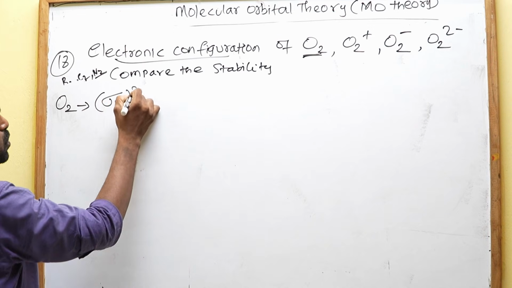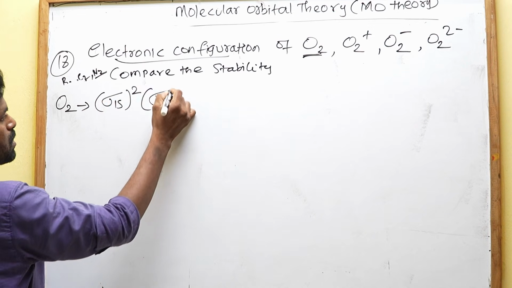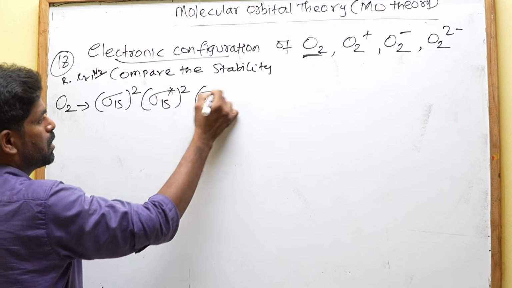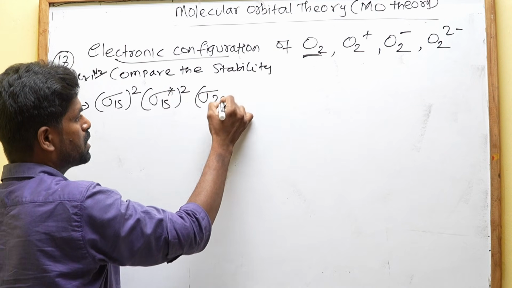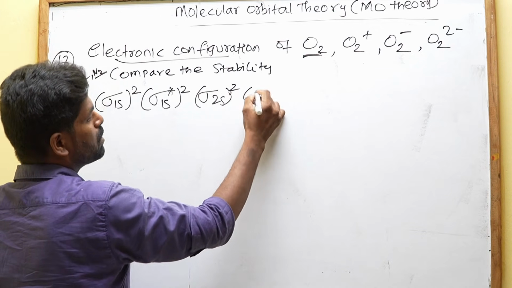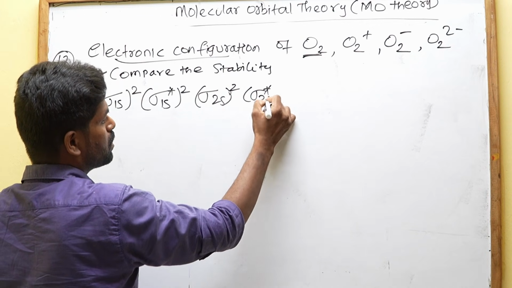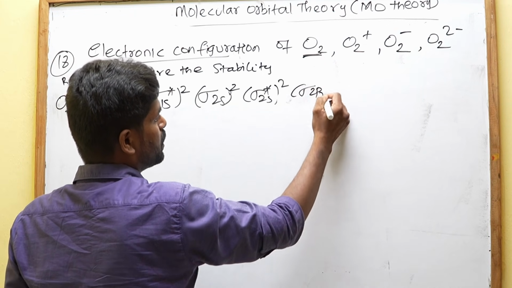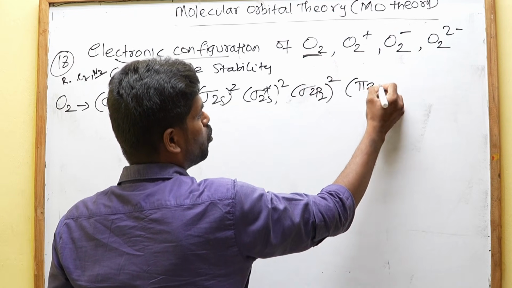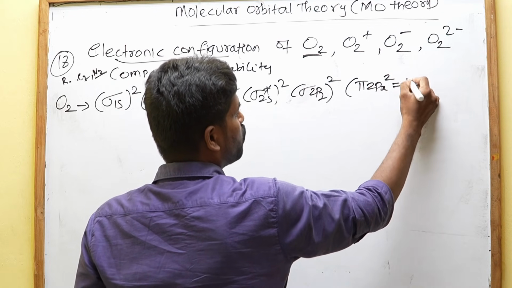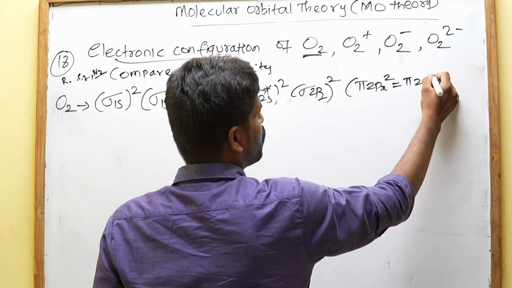Sigma 1s 2 electrons, sigma star 1s has 2 electrons, sigma 2s has 2 electrons, sigma star 2s has 2 electrons, sigma 2pz 2 electrons, pi 2px 2 electrons equals pi 2py 2 electrons.